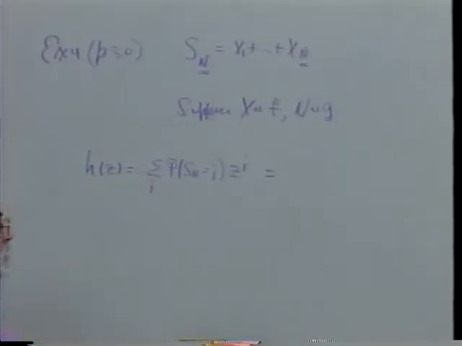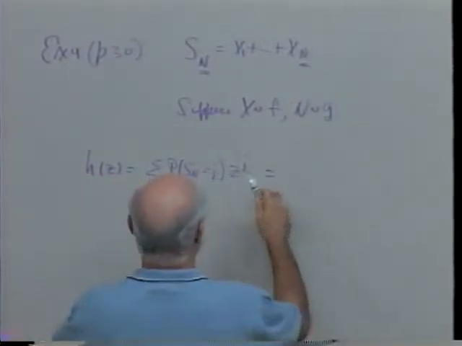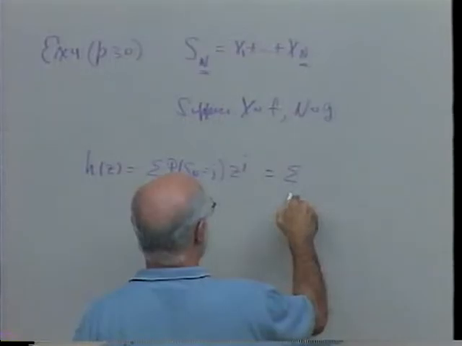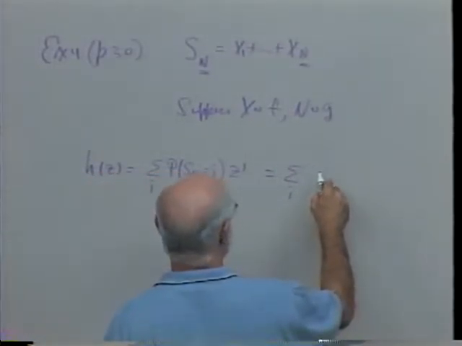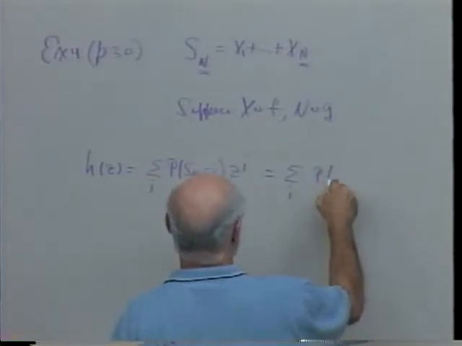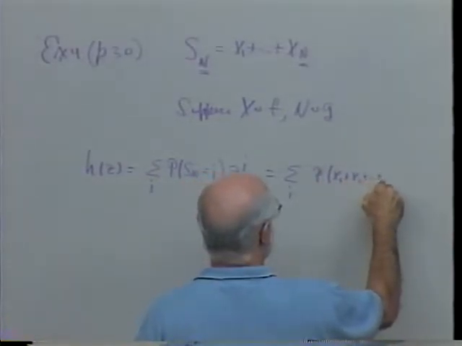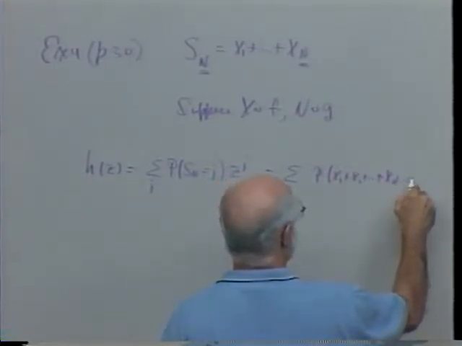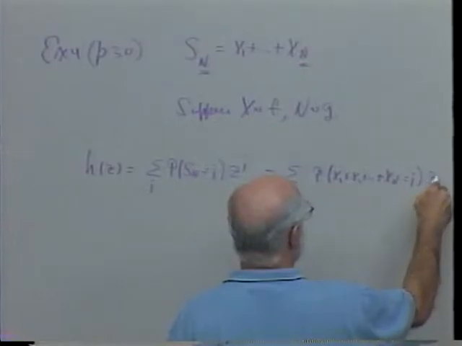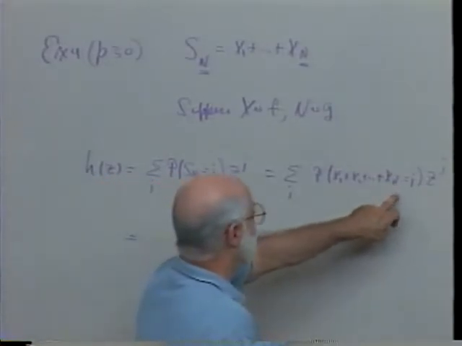Okay, now the next step is to say, let's expand things. So that's the sum over j, and this is going to be the probability that X1 plus X2 plus through X_N is equal to j times z to the j. But now, what's this probability in here?